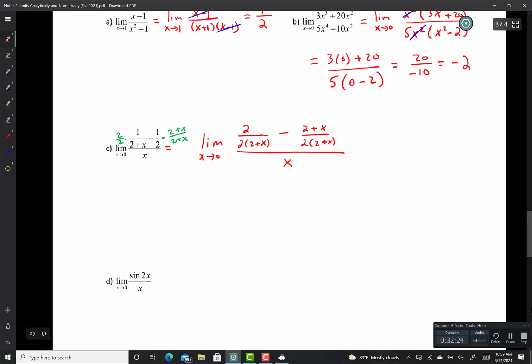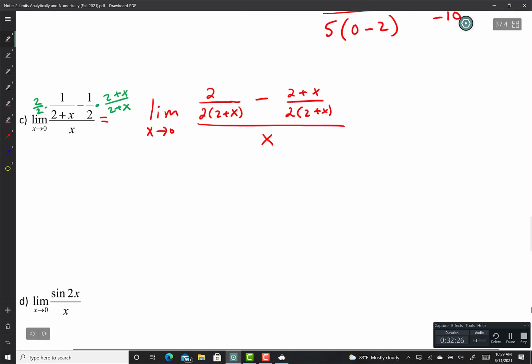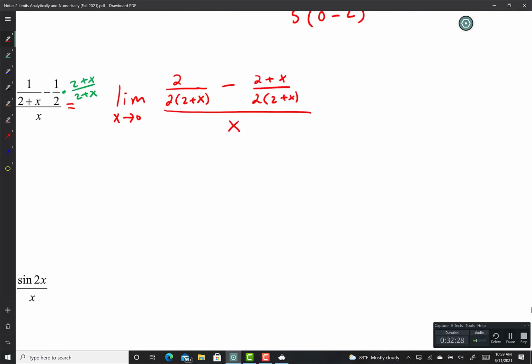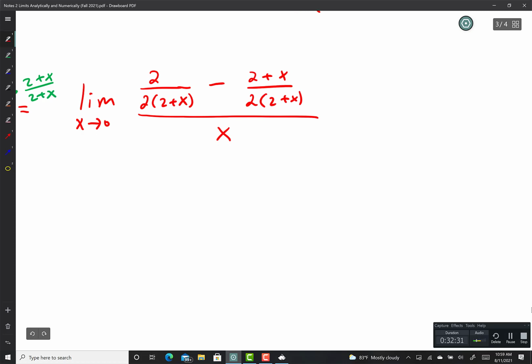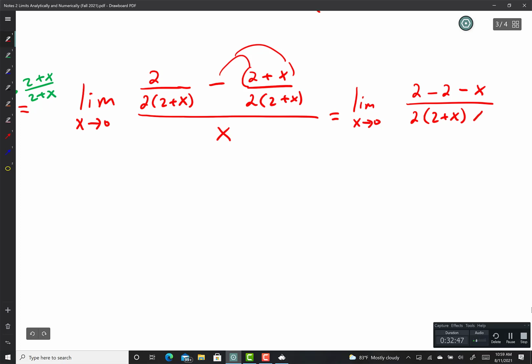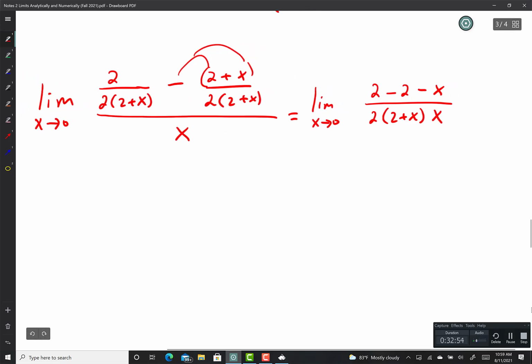How much space do I got? Oh, I got plenty of space. Okay. I am going to simplify that further. Limit, as x approaches 0, 2, and I'm going to distribute that negative like that, see? Minus 2 minus x over 2 parentheses 2 plus x, close it. And can I write the x right there like that? Can I do that? We had the same discussion last year in pre-cal.